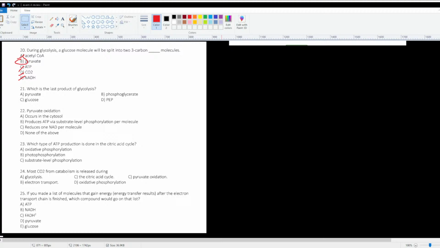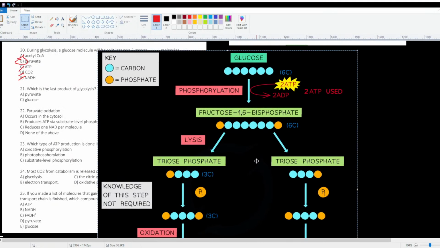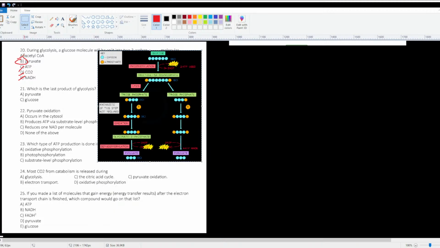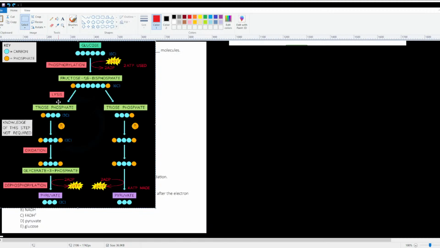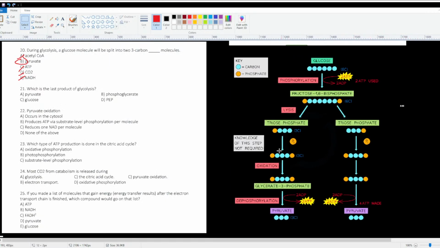So this might be a better diagram for the purposes of this class. I'm gonna resize this real quick. Let's do 60 actually. That's perfect. Just ignore all the stuff in the middle. We don't really care about that.